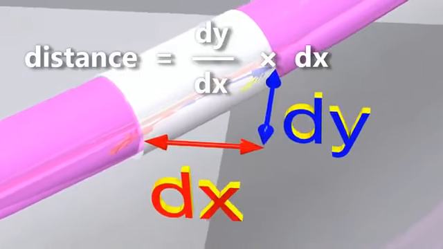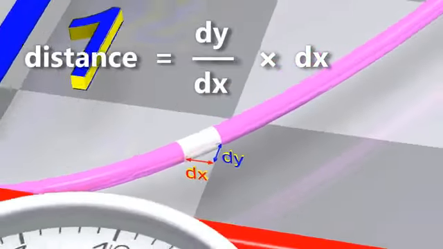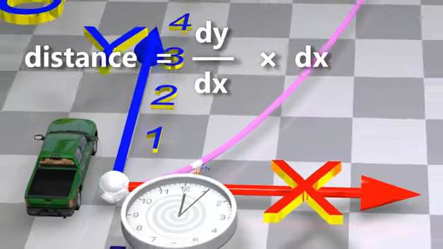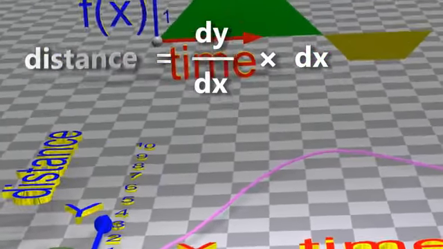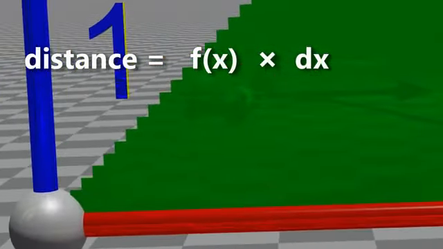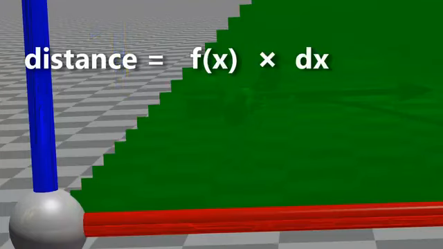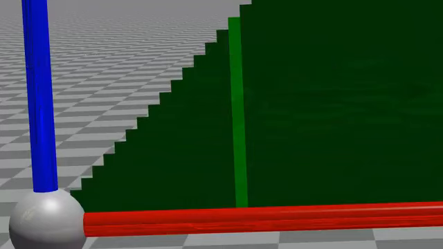The distance traveled during a very small amount of time is the speed multiplied by the time, which is dy divided by dx multiplied by dx. Since dy divided by dx is called f of x, another way to write down the distance traveled during this moment of time is f of x multiplied by dx.